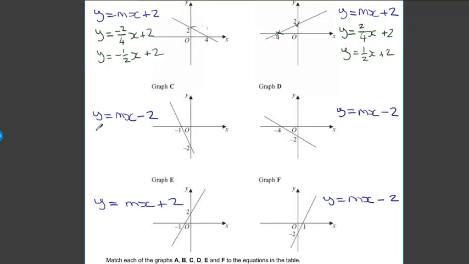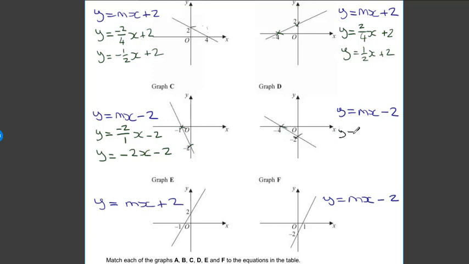Here, from here to here, we go across 1 and down 2. So that equals y equals minus 2x minus 2. Here, we go across 4 in the positive direction this way, and we go down 2.